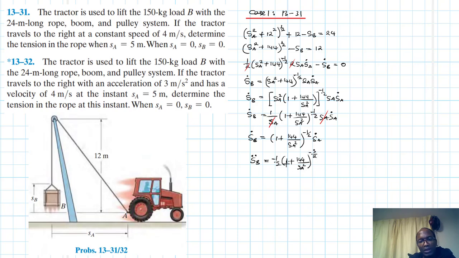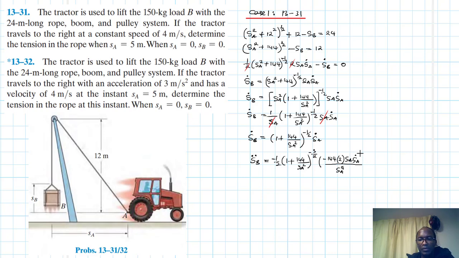Then the inside: this one becomes a 0, so we just have a minus 144, times 2 by SA and SA dot, and everything divided by SA to the power 4.